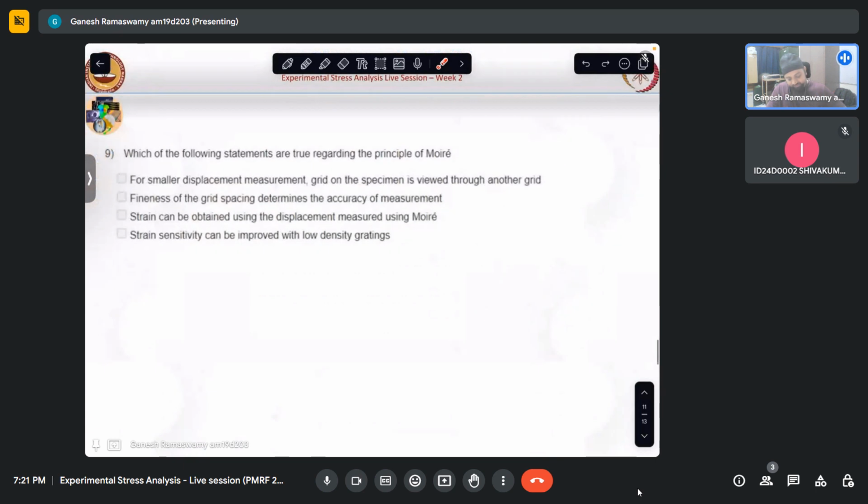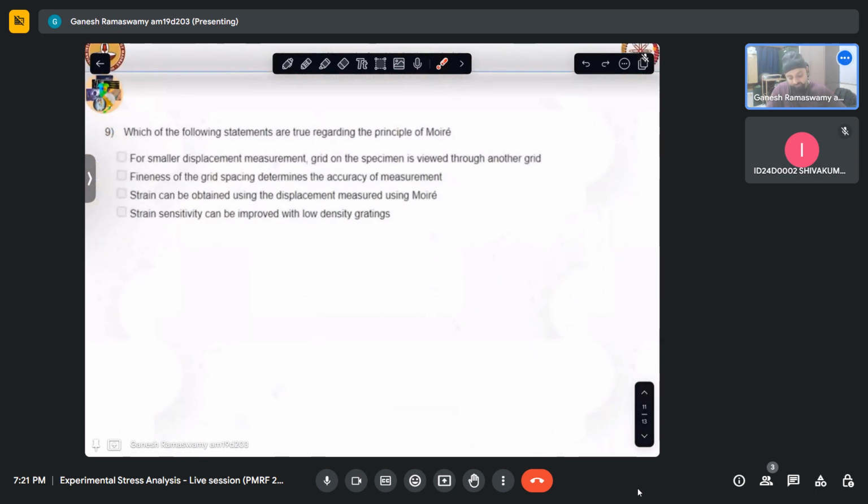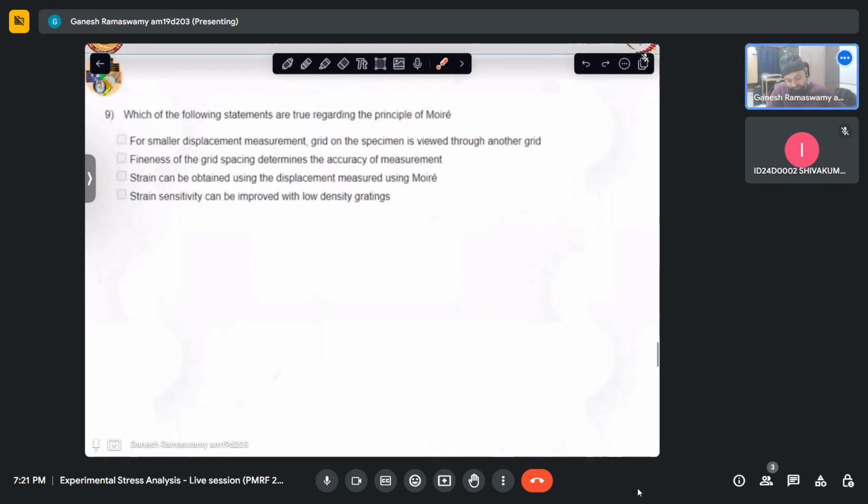So let us look at this question. Which of the following statements are true regarding the principle of Moire? For small displacement measurements, grid on the specimen is viewed through another grid.